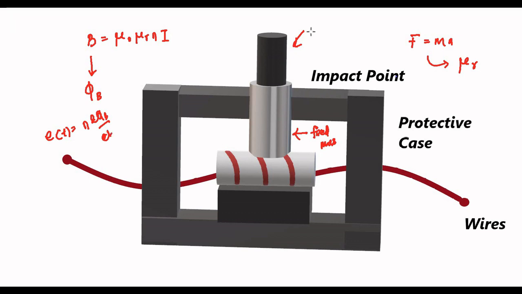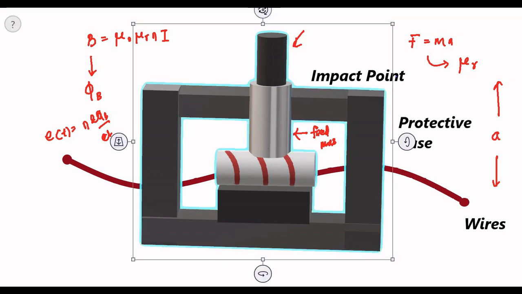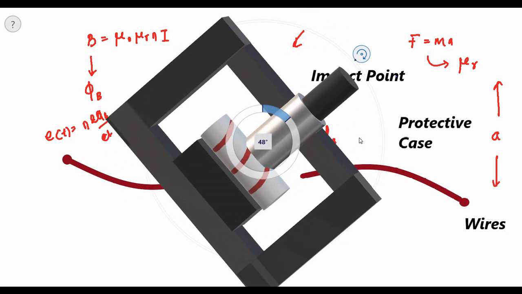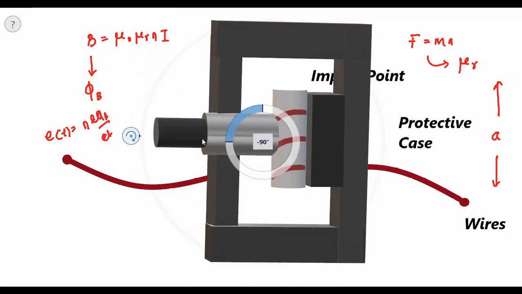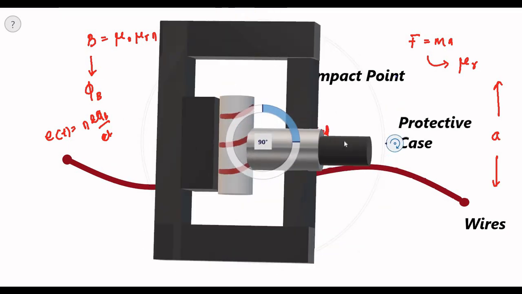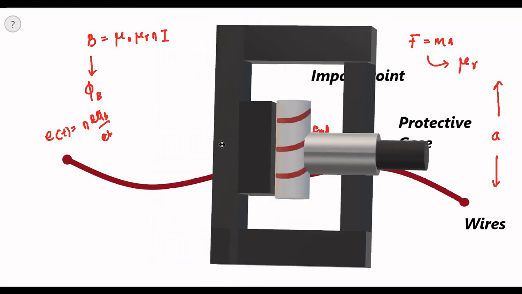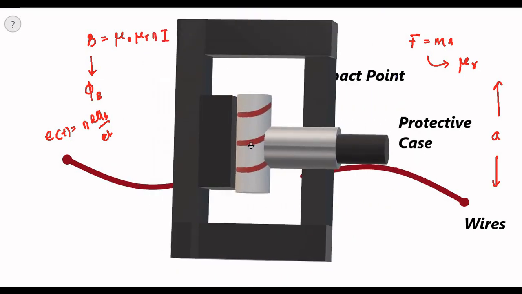So that is for acceleration that is upward or downward. Now if we have a requirement where the acceleration is along the horizontal direction, the orientation will be either like this or this, depending upon the direction, with left and right movement.